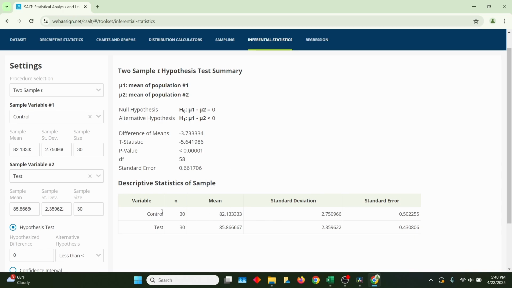It also gives us, again, the mean, standard deviation, and standard error. The standard error is the standard deviation divided by the square root of n, because these are sample means, so they have a different distribution than within just the sample.